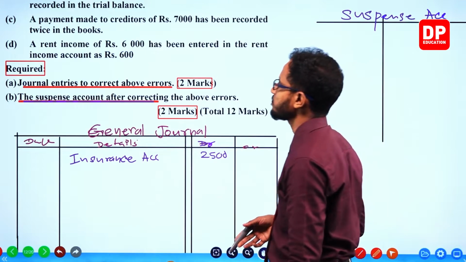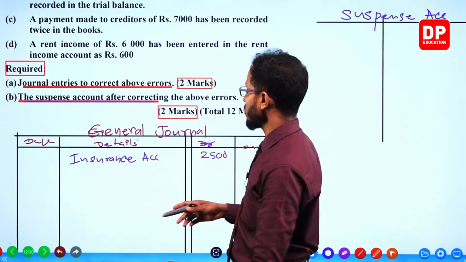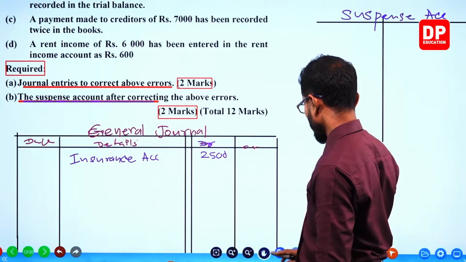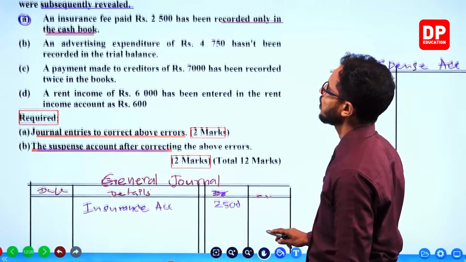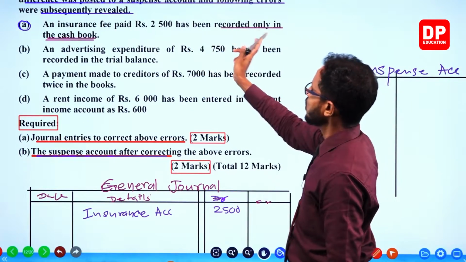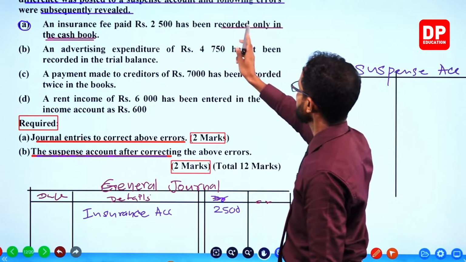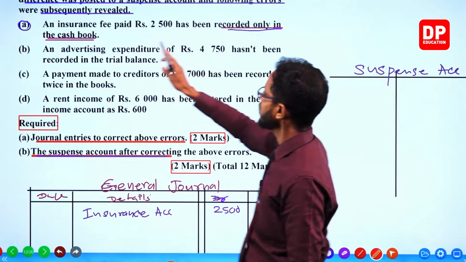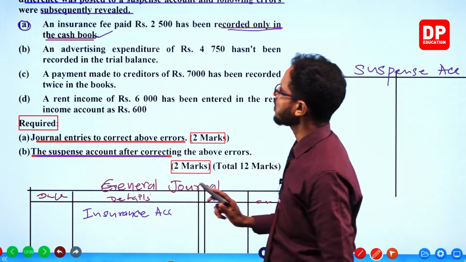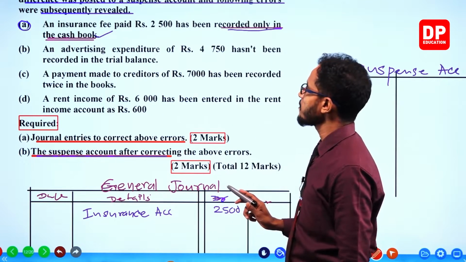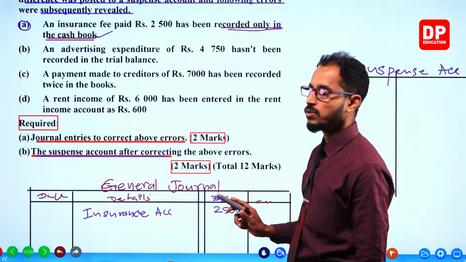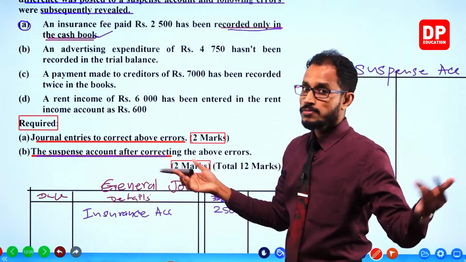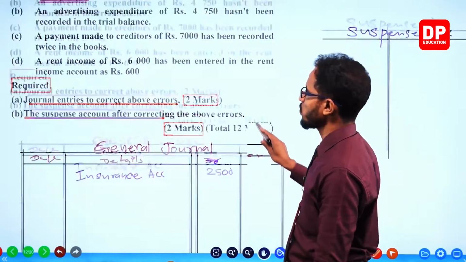Where do you credit it? You can't credit it to the cash book. It is already credited, already recorded in the cash book. So the cash book is done. Bingo.